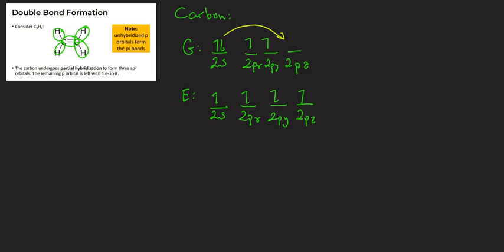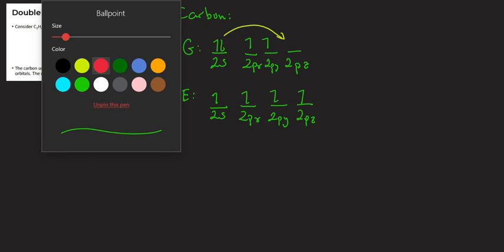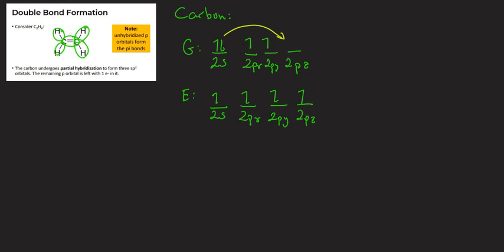Now, this is the part we have to pay attention to when we're looking at double bonds. We need a sigma bond between this carbon and this hydrogen, so this has to be a hybridized suborbital that will directly overlap, or head-on collide, with hydrogen. The same thing happens here. We need hybridized half-filled suborbitals between this carbon and this hydrogen.